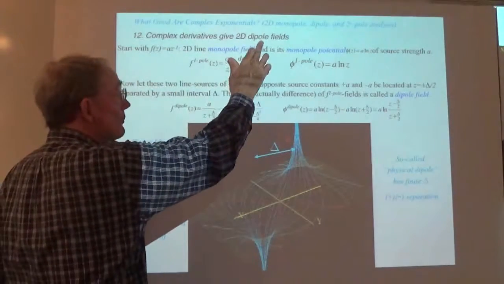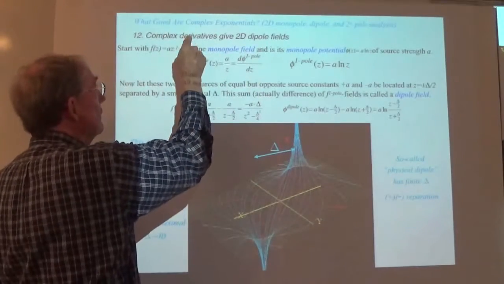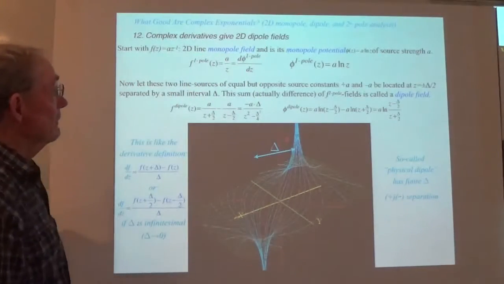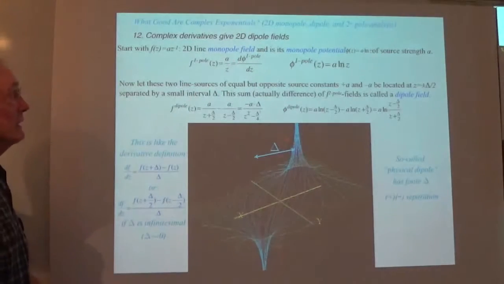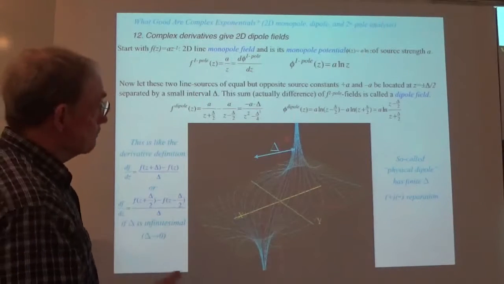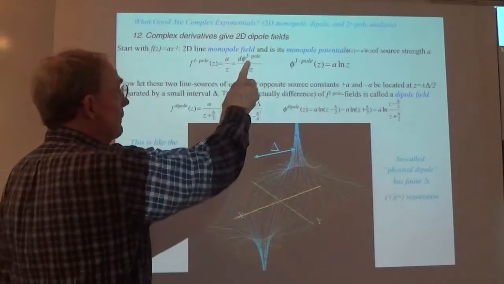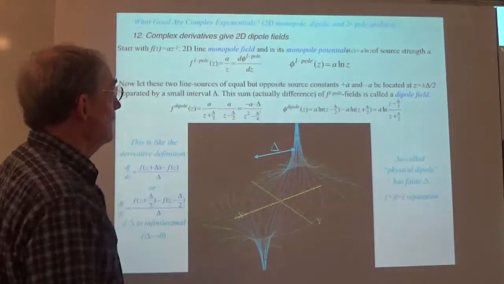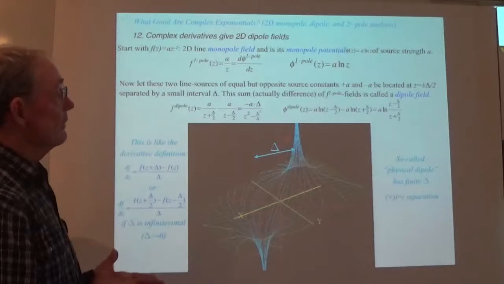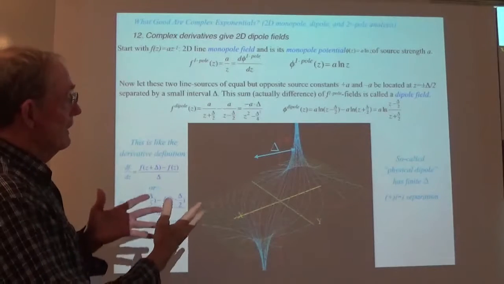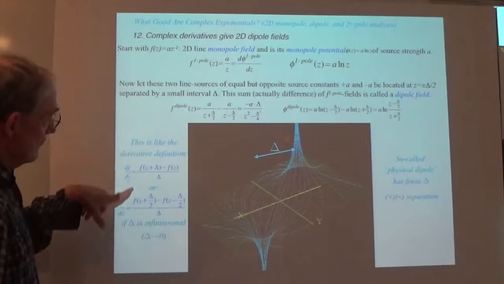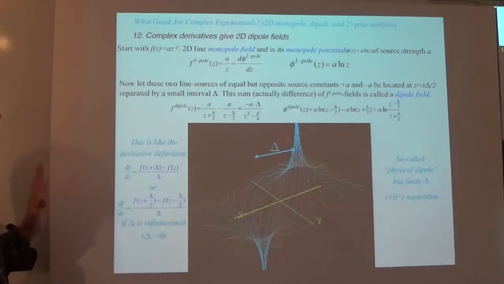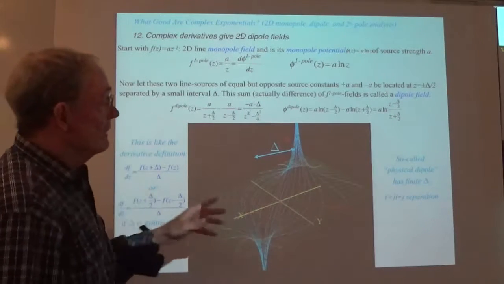Okay, now, the idea of getting higher multiples is totally connected to taking a derivative. And this time, you guessed it, a z derivative of a monopole will give you a dipole. But at first, you have to see what a physical dipole is. These are mathematical dipoles here made at an infinitesimal limit.